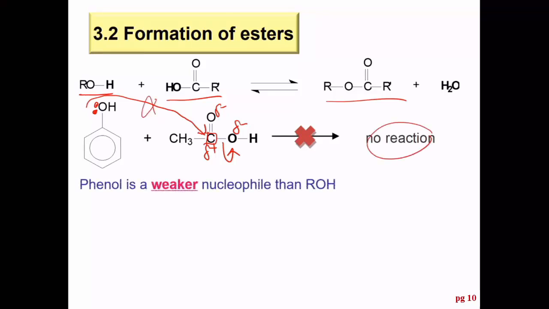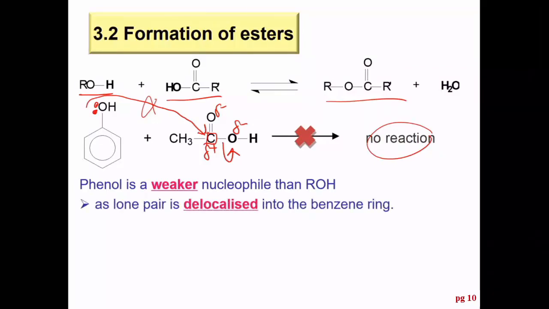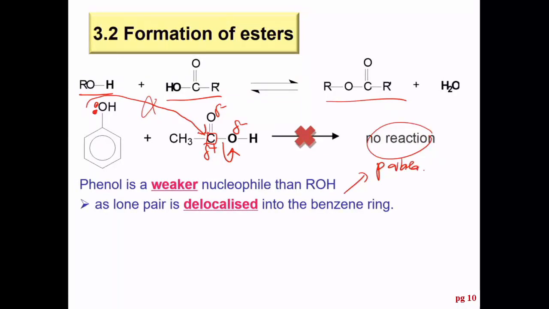Why not? Because phenol as a nucleophile is weaker than your alcohol. Why is phenol a weaker nucleophile than alcohol? Because in phenol, you must take note, the p orbital on the oxygen can overlap with the pi electron cloud. And because of this overlap, the lone pair of electrons on your oxygen is actually delocalized into the benzene ring.